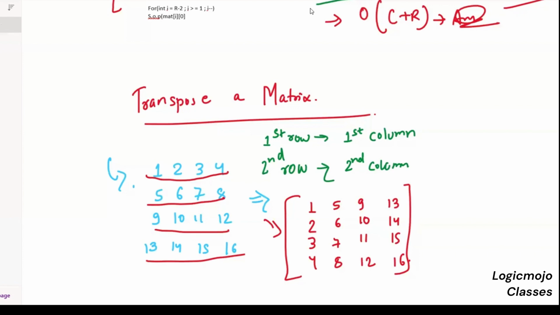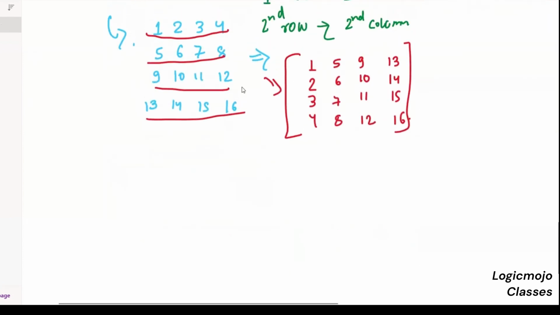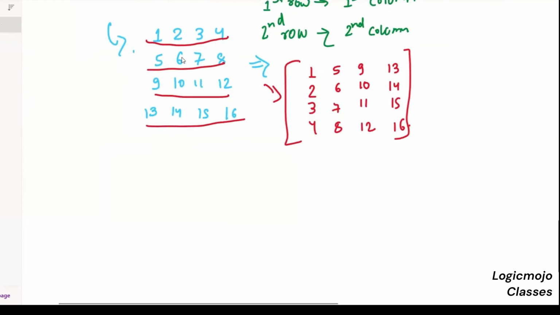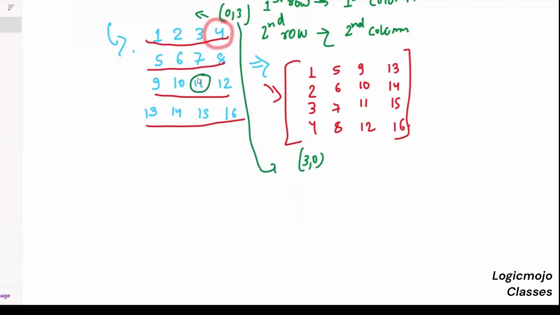Can you guys please go ahead and write the code for this? So it is very straightforward what we need to do. Leaving the diagonal, let's talk about this element. What happens for this element? What is the index of this? It is 0, 3. What is the index of this? It is 3, 0. So we have to move from index 0, 3 to 3, 0. Let's take some other example.